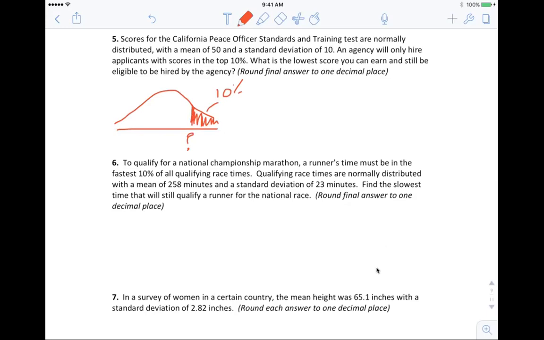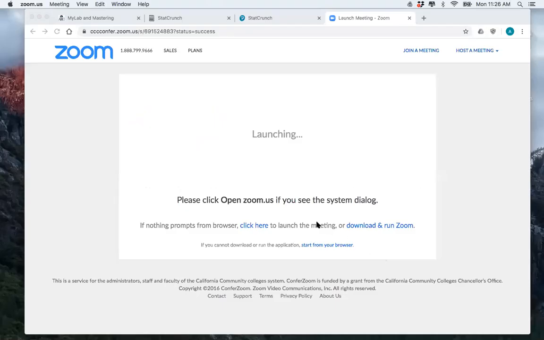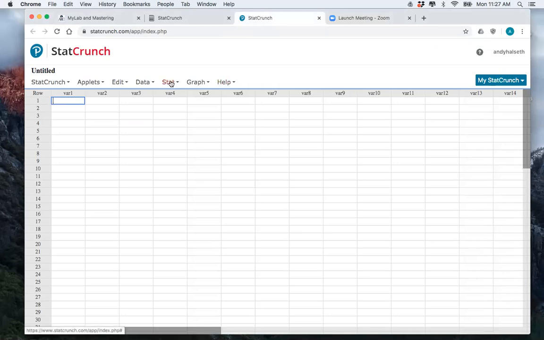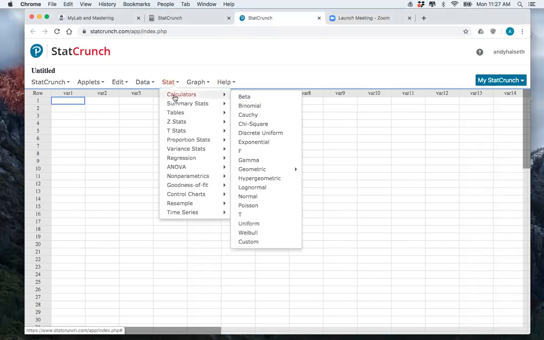And that is StatCrunch. So let me bring up StatCrunch and see if we can find it. So top 10%, I go to my stat calculator, normal.